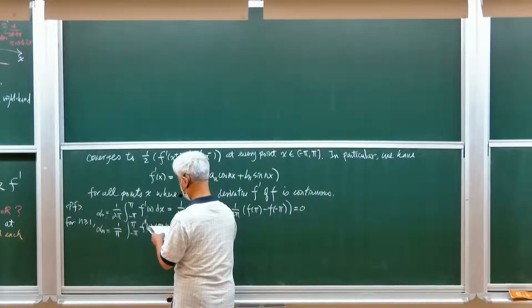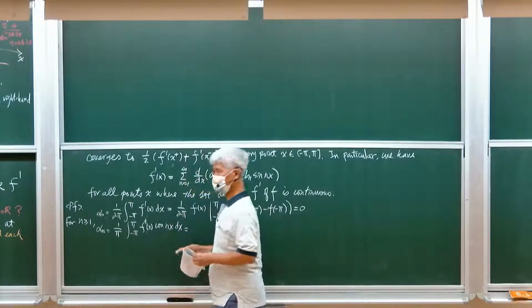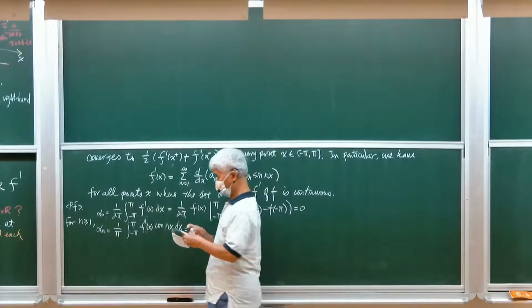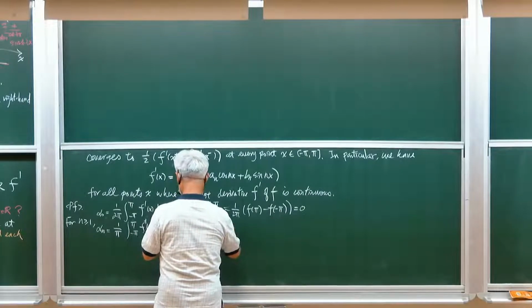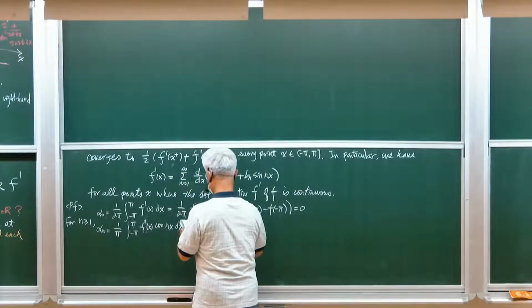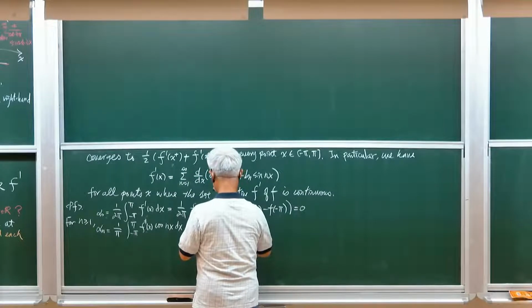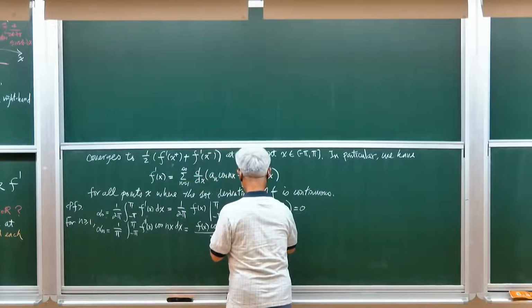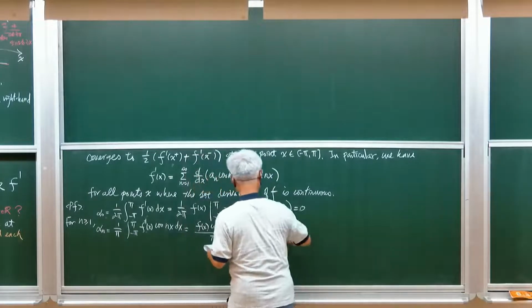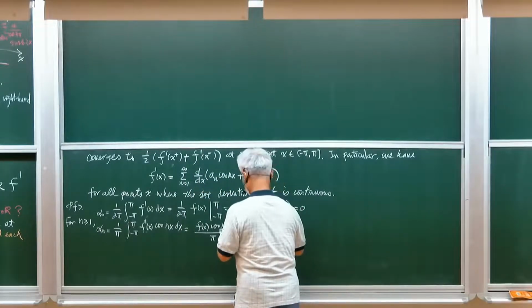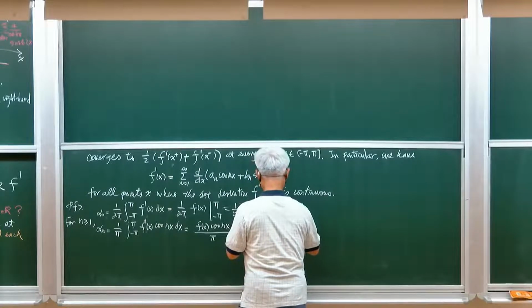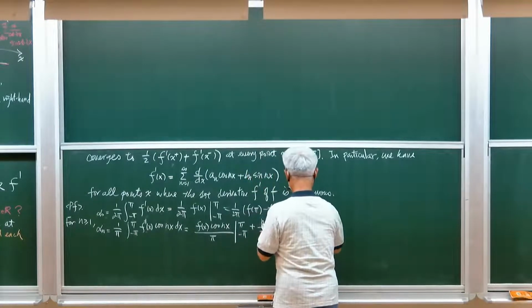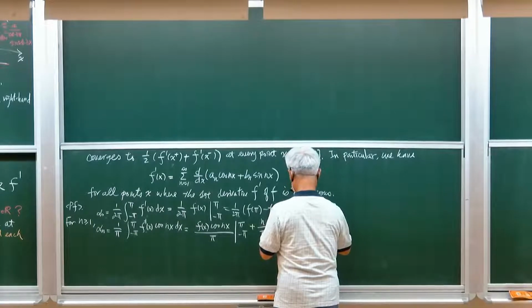Okay, and we can use integration by parts, so that this becomes 2 cosine nx evaluated from minus pi to pi, plus n times the integral from minus pi to pi of f of x sine nx dx.